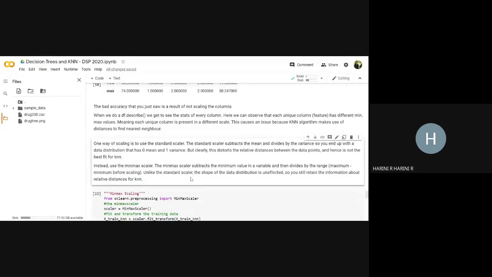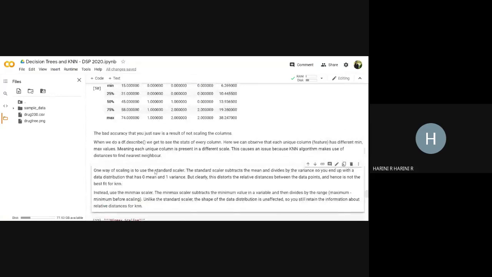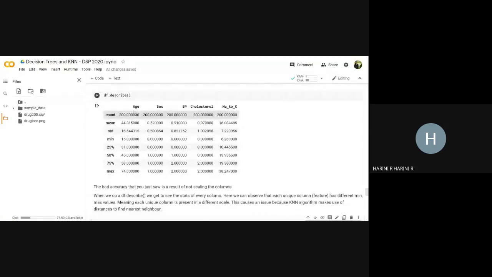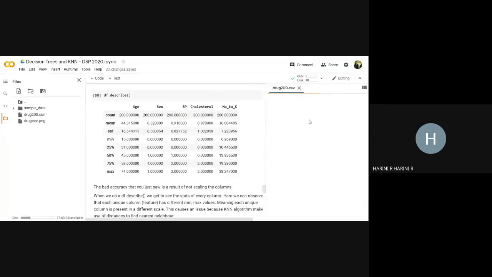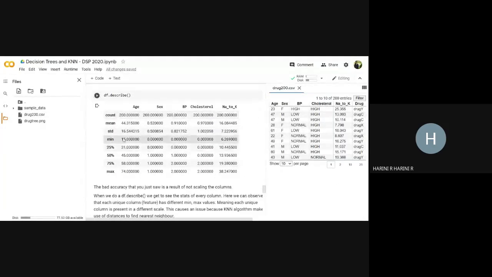Today we are doing this min-max scaler, in which we are going to subtract each data entry by the minimum in that whole column. So let me open this again. If you see for the age column, we have the minimum as 15. So for the whole age column, for all the records, we are going to subtract that number by 15, which is the minimum for it, and divide it by the range, so max minus min.